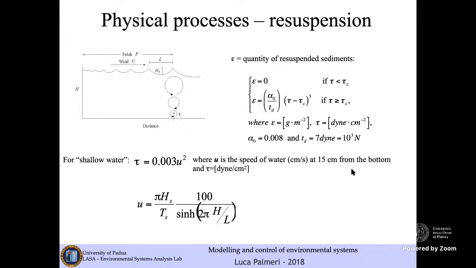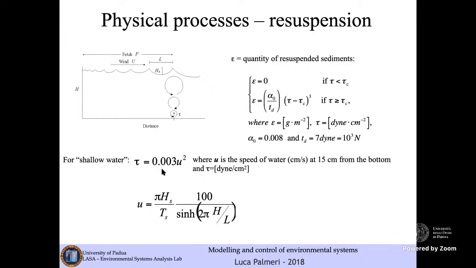Why 15 centimeters? Because exactly at the bottom, the speed of the water is 0. So it is a customary assumption to measure the speed of the water at 15 centimeters above the bottom, and by this measure, we may evaluate the shear stress by this model.